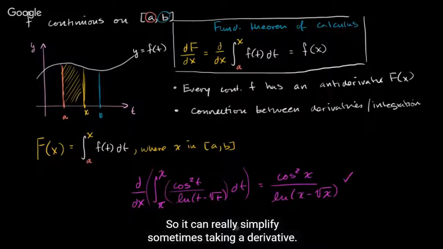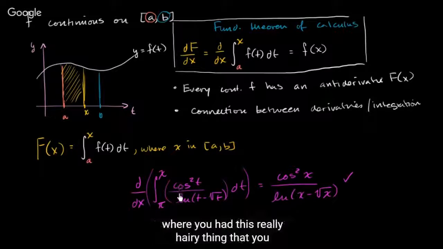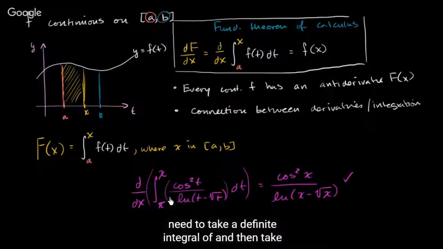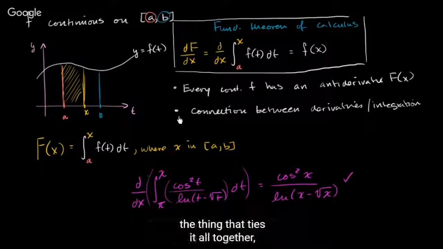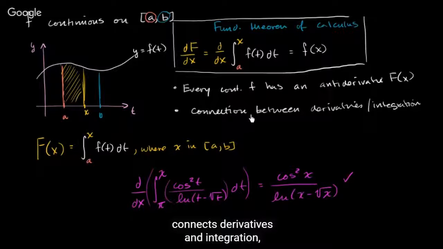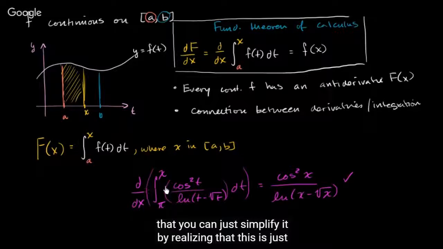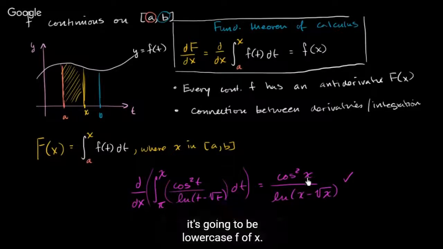So it can really simplify taking a derivative, and sometimes you'll see on exams these trick problems where you have this really hairy thing that you need to take a definite integral of and then take the derivative. You just have to remember the fundamental theorem of calculus, the thing that ties it all together, connects derivatives and integration, and simplify by realizing that instead of a function lowercase f of t, it's going to be lowercase f of x.